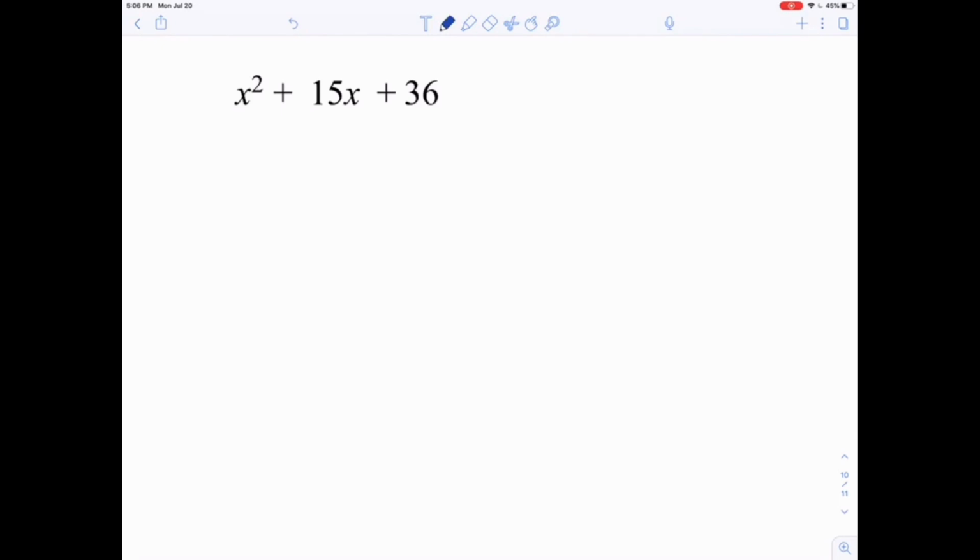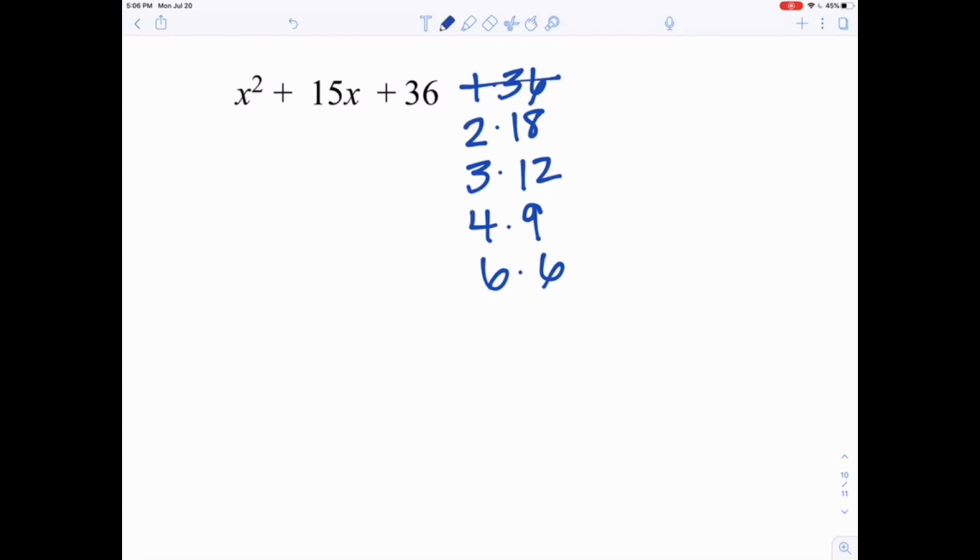Alrighty, so this one's pretty easy. It's all positive. So 36, we have a lot of factors to work with. 1 times 36, 2 times 18, 3 times 12, 4 times 9, and 6 times 6. All right, so 1 plus 36 gives me 37. 2 plus 18 gives me 20. 3 plus 12 gives me 15.